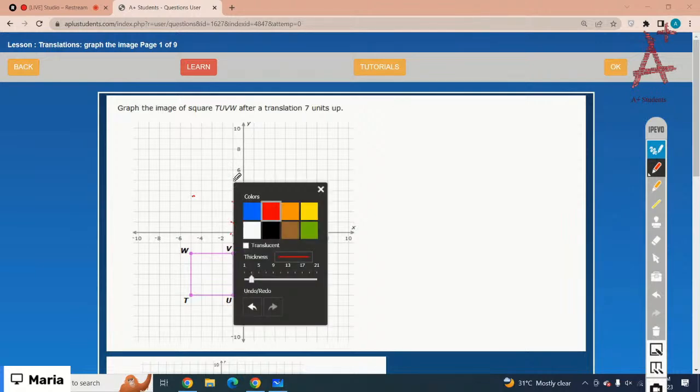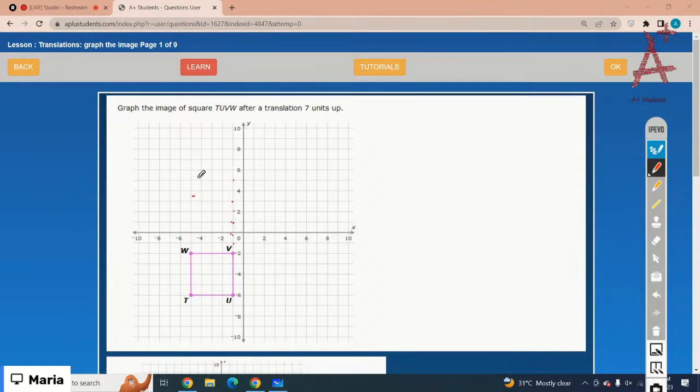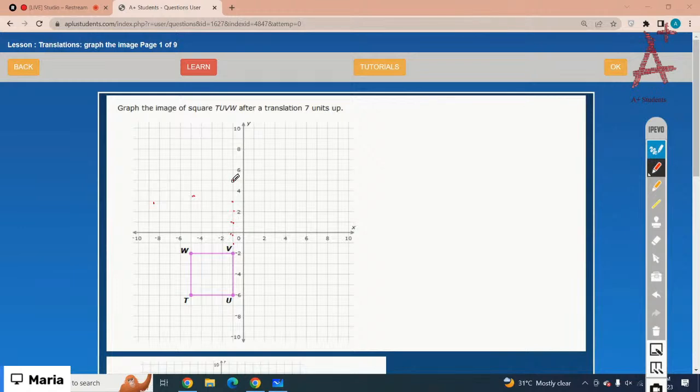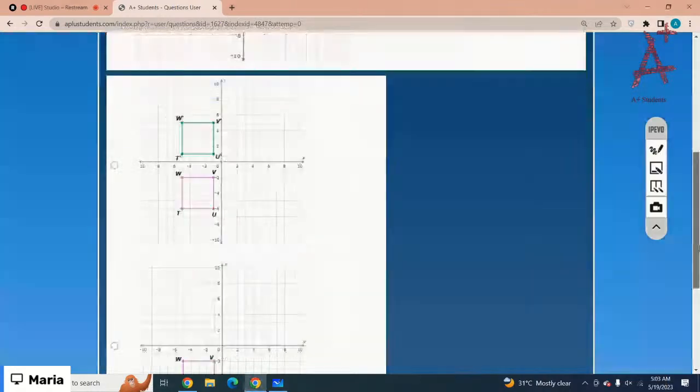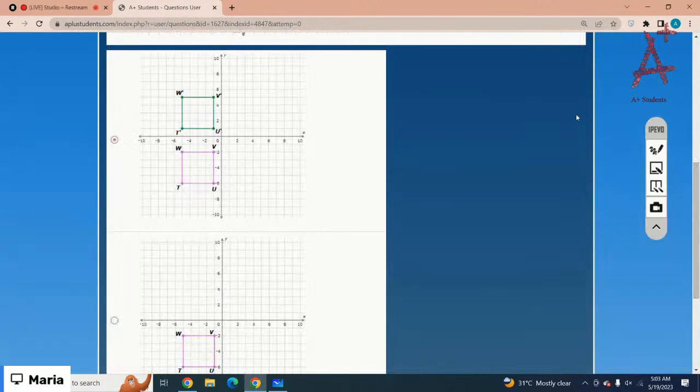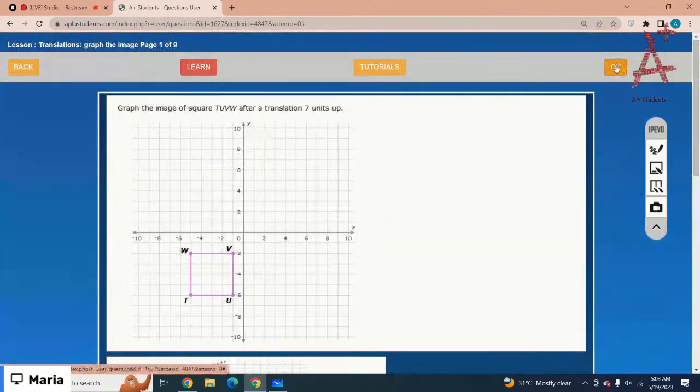Here it is. It would be like this. Got it? When you translate, it would be like this. So option number 1 is the correct option.